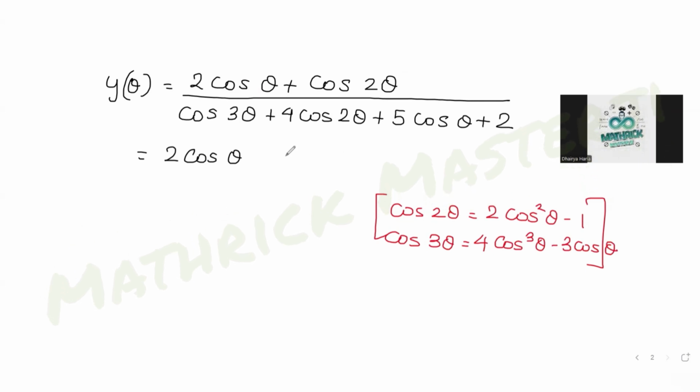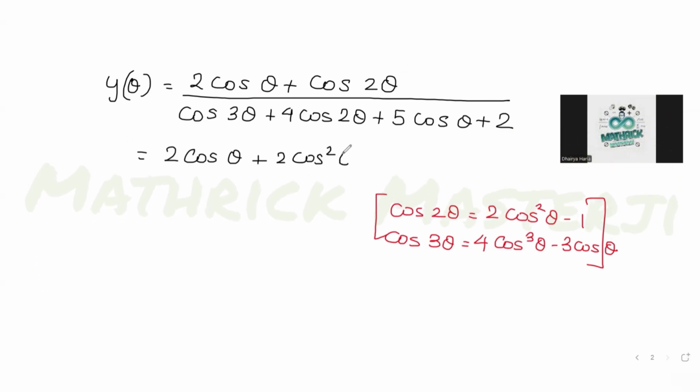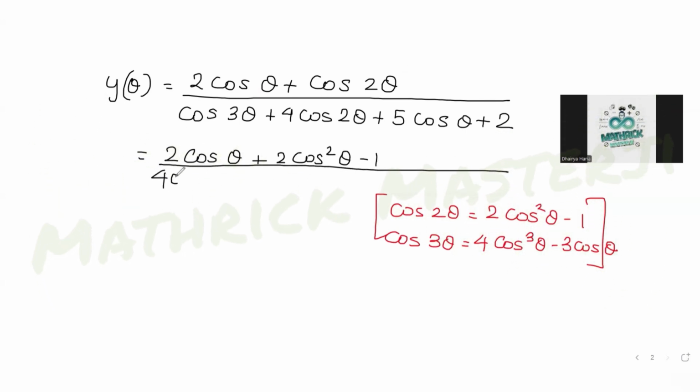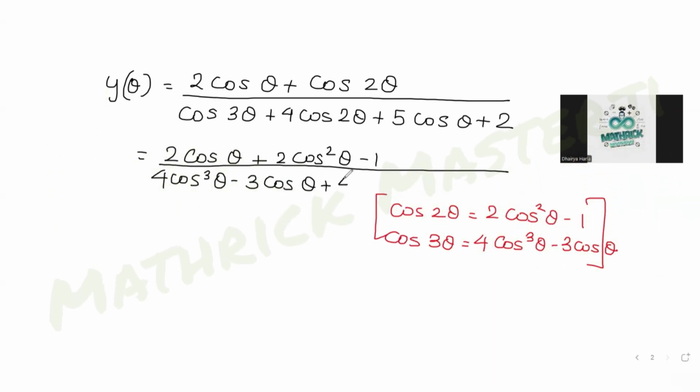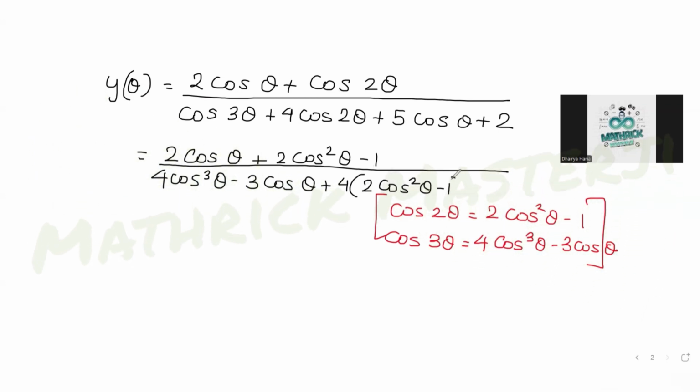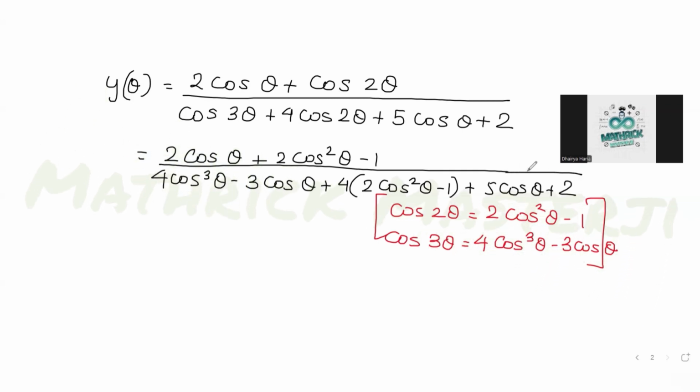If I use these two ideas and convert everything in terms of cos theta, I get 2 cos theta plus 2 cos square theta minus 1 divided by 4 cos cube theta minus 3 cos theta plus 4 cos 2 theta, which is 2 cos square theta minus 1, plus 5 cos theta plus 2. So we get this entire expression.